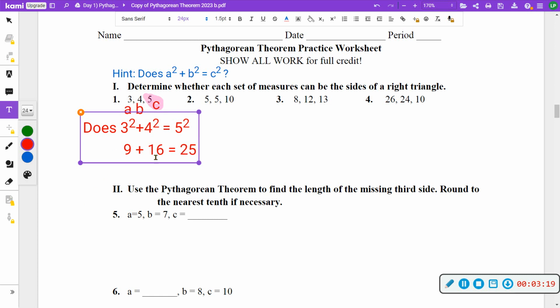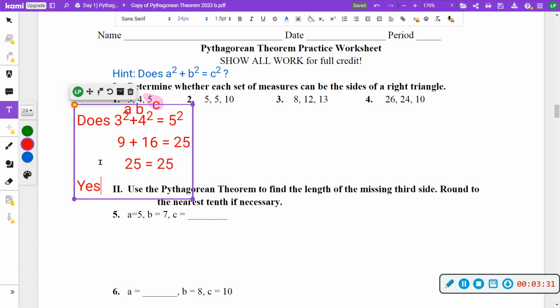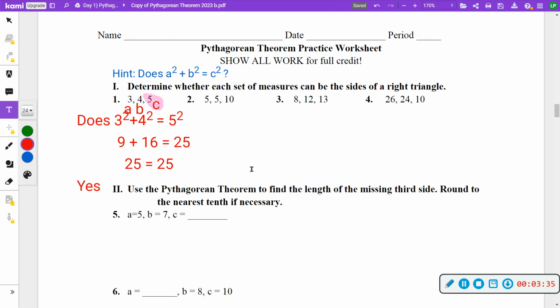And if you take 9 plus 16, you do get 25. So I got 25 equals 25. So I would say yes. This can be the sides of a right triangle.